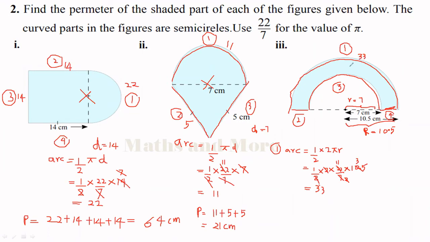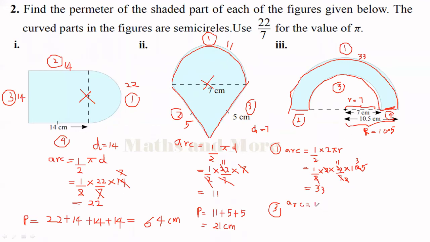Now let's get the second arc, second semicircle. Here third, I numbered as 3. That arc, I will substitute for the same formula, half into 2 pi r.